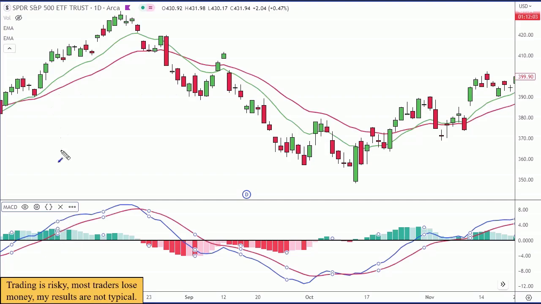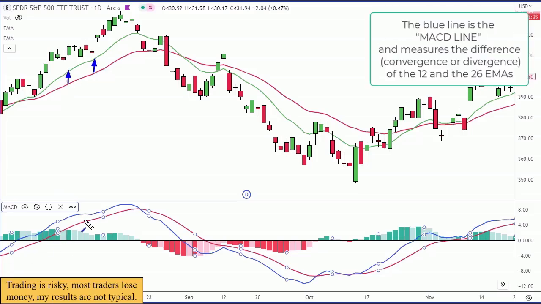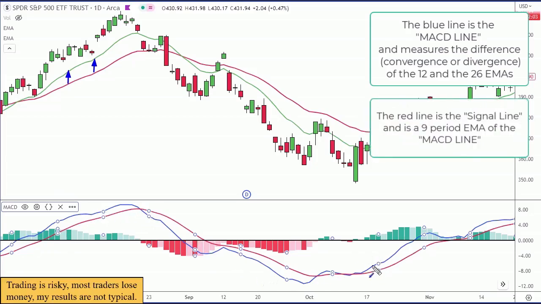So, again, the difference is between these 2 lines. Whereas MACD measured the difference between the 2 moving averages, and the signal line, the red line, is just a smoothing of that, so you don't have to be worried about all these little jiggles and wiggles.